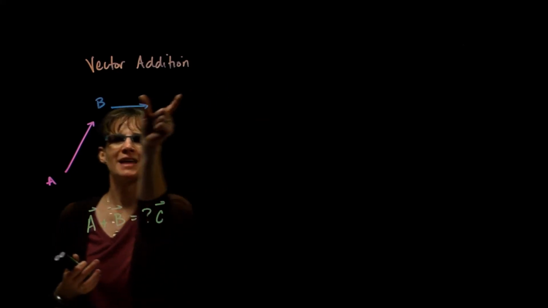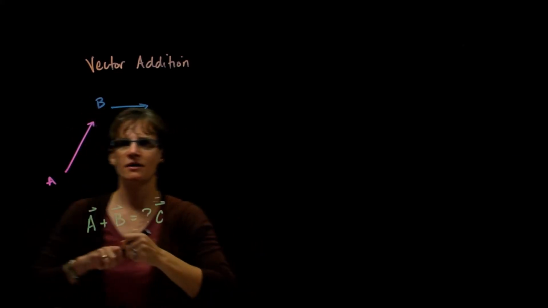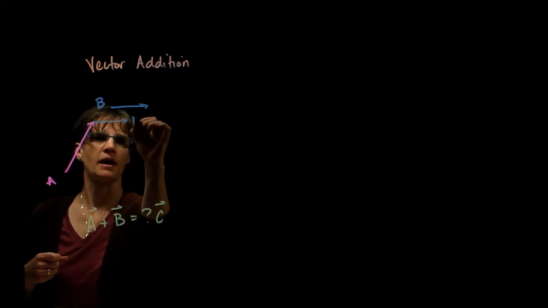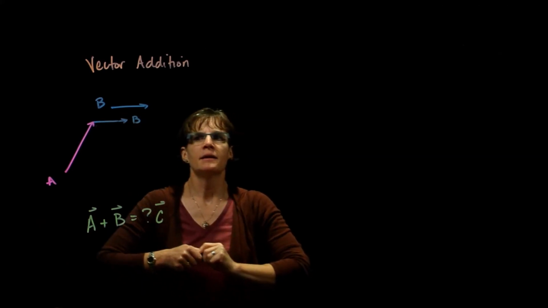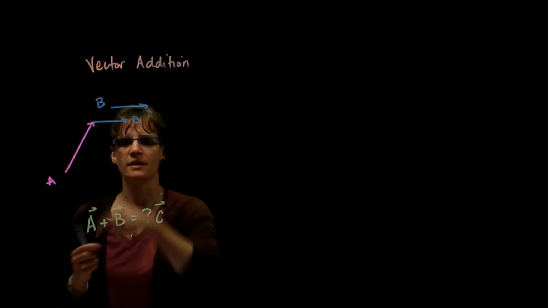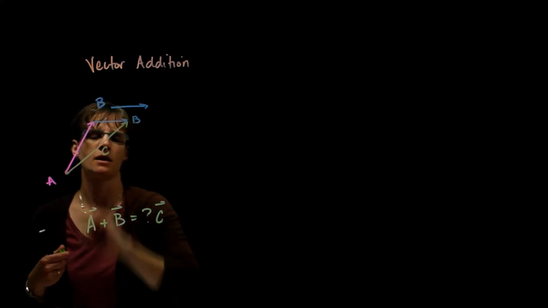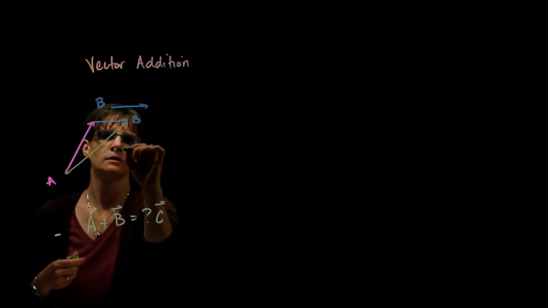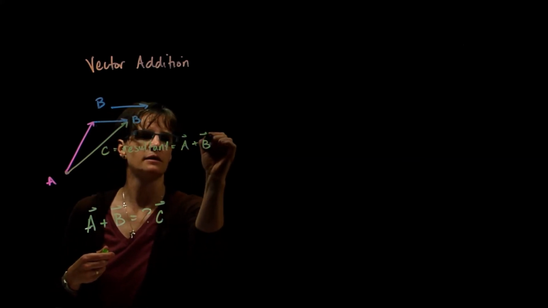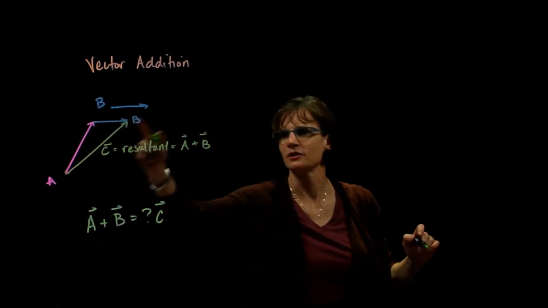I'm going to move it to the head of vector A. So I'm taking the tail of vector B and putting it at the head of vector A. I pick this up, place it over here, and there is my moved vector B. Then I go from the tail of the first vector to the head of the second vector in a direct line, and this becomes my resultant vector, vector A plus vector B. So this is our vector C, from the tail of one vector to the head of another vector.